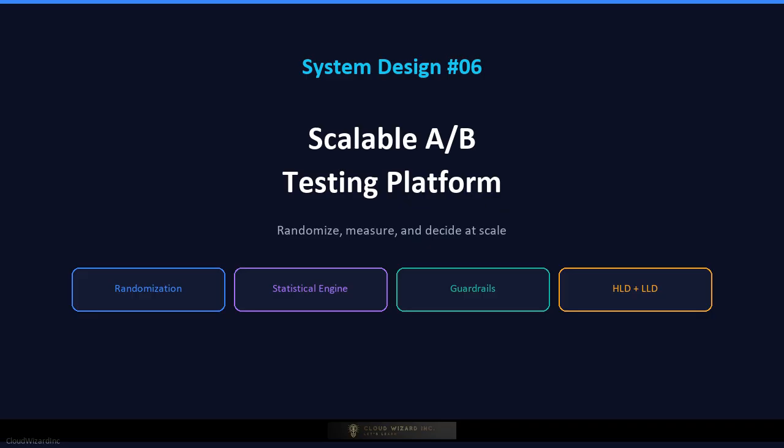We'll walk through the functional requirements, non-functional requirements, system architecture, end-to-end user journey, core models, low-level design, and the statistical trade-offs that come up in a senior system design interview. Whether you are preparing for a FANG interview or building experimentation infrastructure, let's get into it.